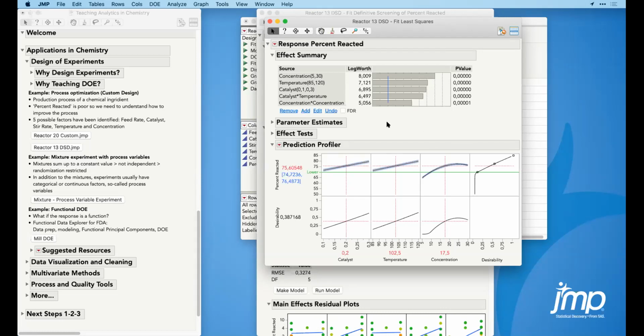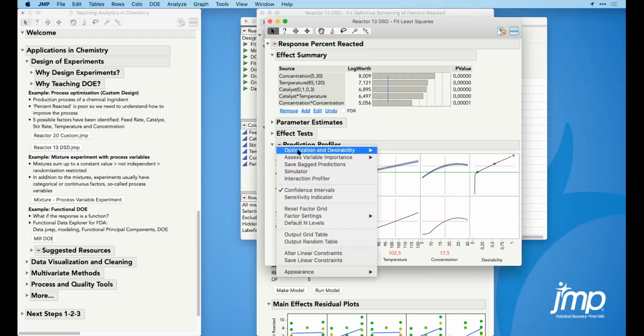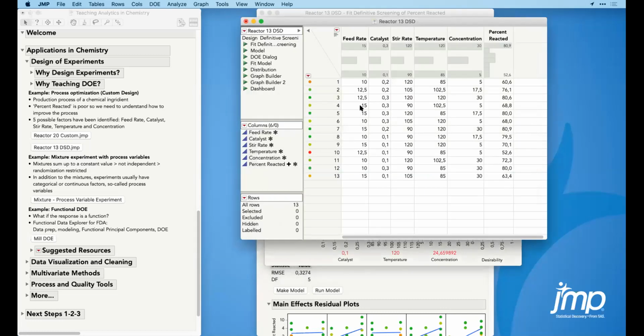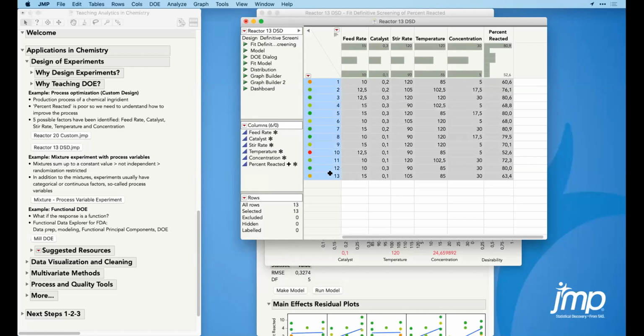So not just do the screening, determining these 3 factors here, but also optimize, because now it's not all linear anymore, but we also found some curvature, and not just curvature, but we found that we have curvature for this factor here, concentration. And remember, this was done by 13 runs only. So that means with less effort, we can learn more. And that's pretty cool.